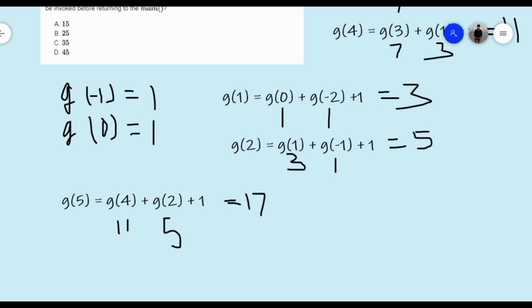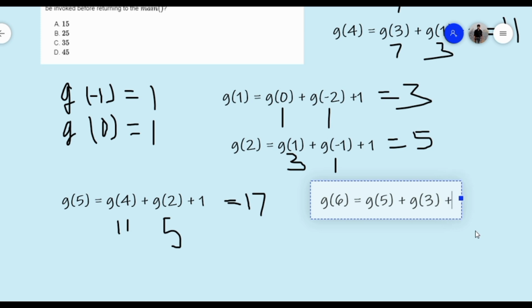Now for g of 6, there will be g of 5 plus n minus 3, g of 3, plus 1.